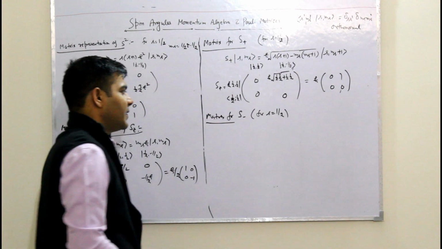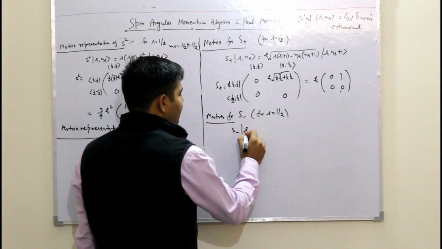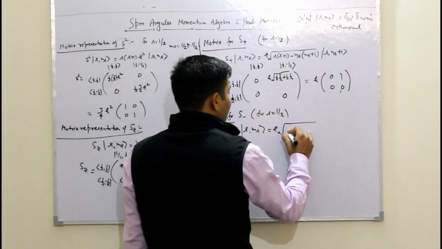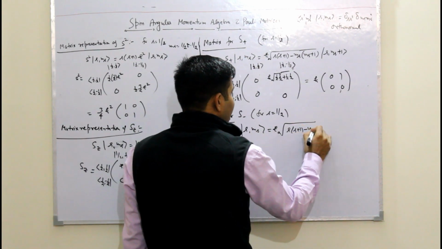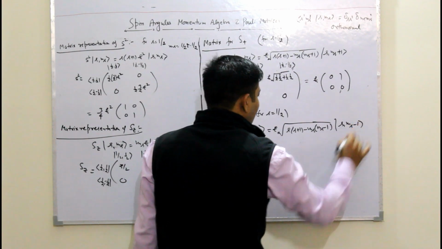If we keep these two things in mind, we will be able to write down the matrix representation. So the matrix for s minus in the case of s equal to half would be: the action of s minus on s ms is h cross under the root s into s plus 1 minus ms into ms minus 1, s ms minus 1.